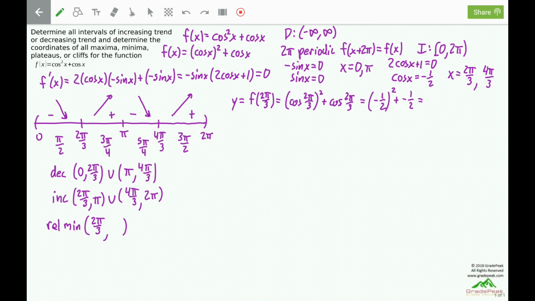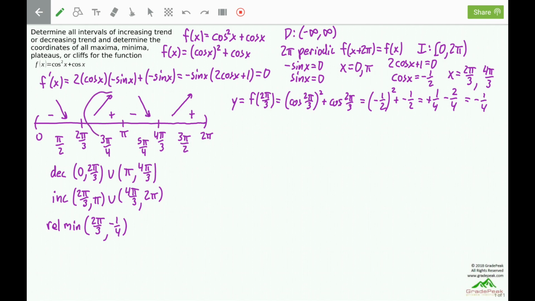Negative 1/2 squared is a positive 1/4, and then minus a 1/2, plus minus is minus, and we can call that 2/4. 1 minus 2 is negative 1/4. So this will have a y-coordinate of negative 1/4.